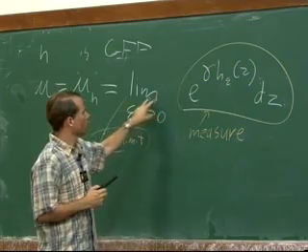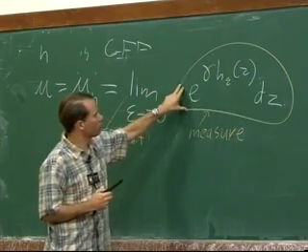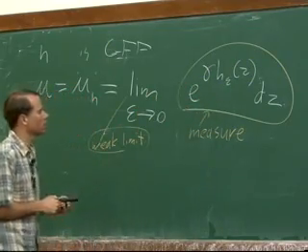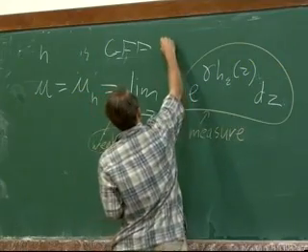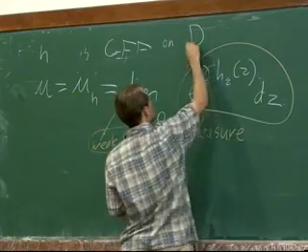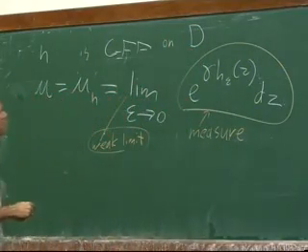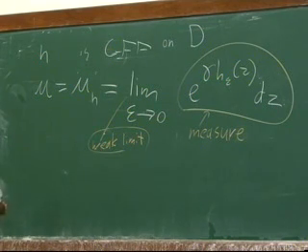It's not the limit of these functions, it's the limit of these measures. Each of these measures is well defined as a measure on my domain D. So let's make this a Gaussian free field on a domain D, and as epsilon goes to 0, we get some limit.